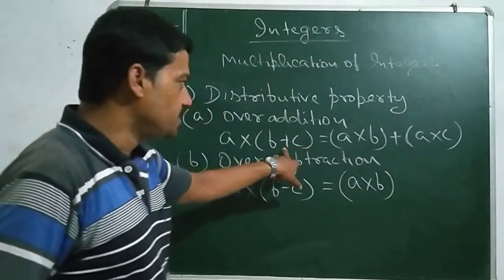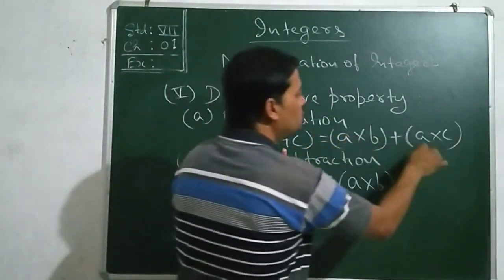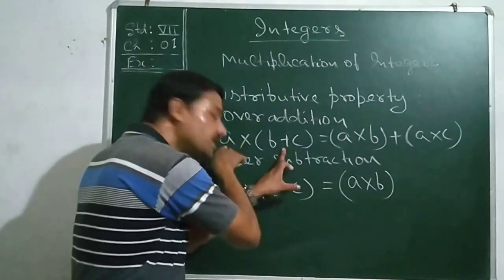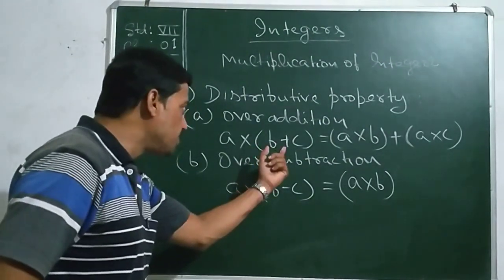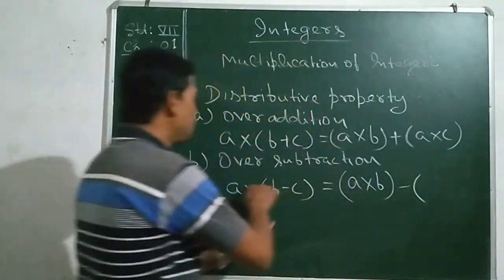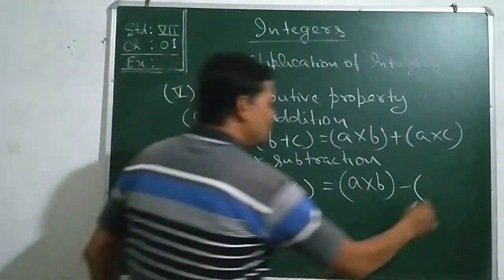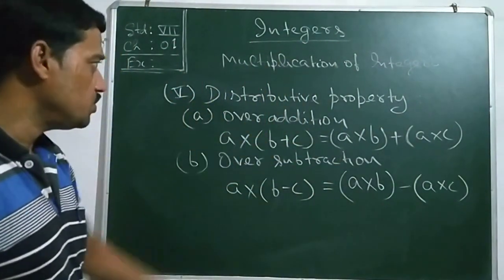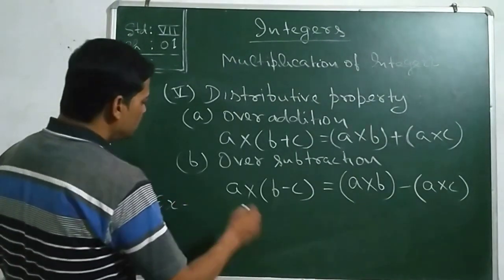Here the plus sign was there, that plus sign came in between, and this multiplication sign distributed to both, for b with a, for c with a. Similarly here, instead of the addition sign after the multiplication, the subtraction sign will appear in between, and the multiplication sign will be distributed on both sides of the subtraction, and you will get a into b minus a into c.